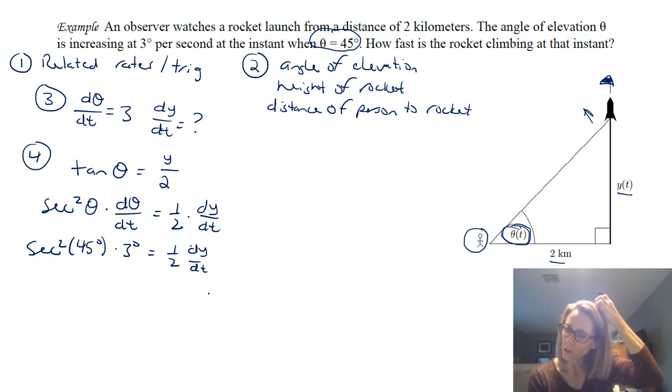So you can do secant squared of 45 degrees, but basically that's 1 over cosine of 45 degrees squared, and cosine of 45 degrees is root 2 over 2.